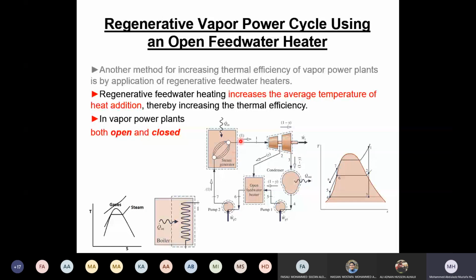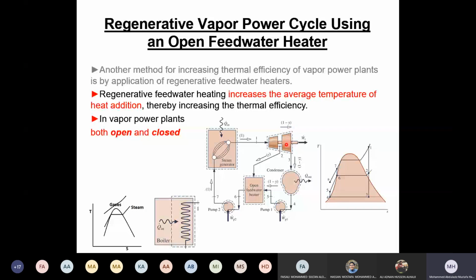Okay, so I'm presenting the mass here. This bracket here presents the mass. If the mass here is 1, it goes into the first turbine as 1. Then we have y here. y is the fraction we are taking. So if this is 1 kilogram per second, this will be around 0.2 kilogram per second, and the rest here will be 1 minus y.